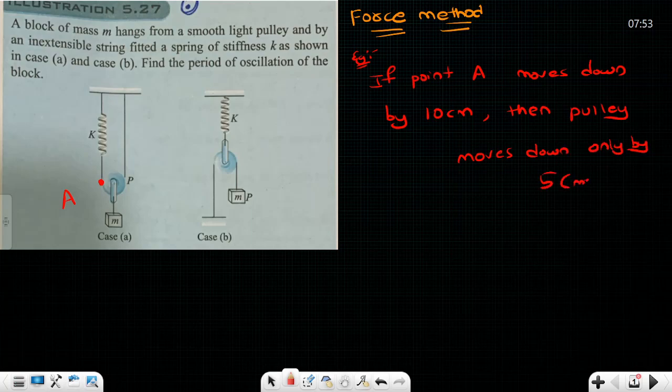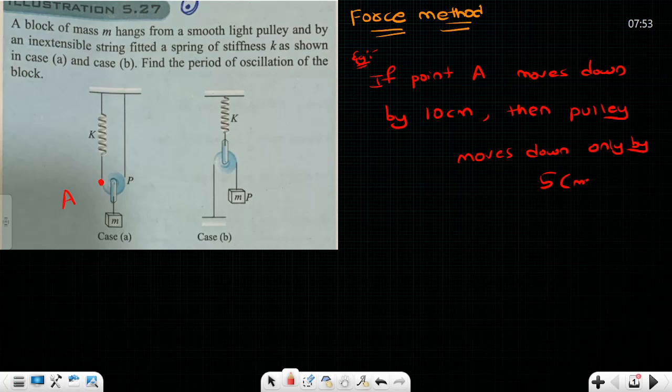Why does this happen? Very simple. The spring got extended 10 centimeters. Then in that 10 centimeters, 5 centimeters of the thread will go to the other side to extend its length, and another 5 centimeters will be used for lowering the pulley.